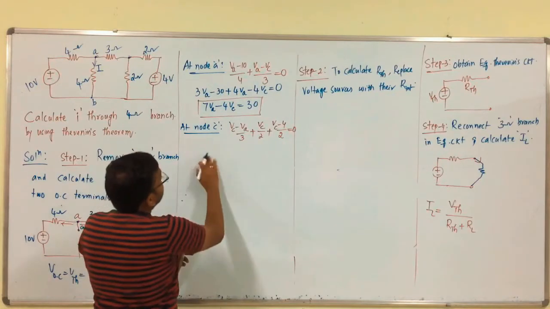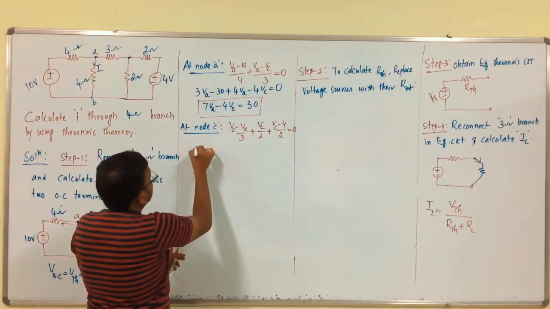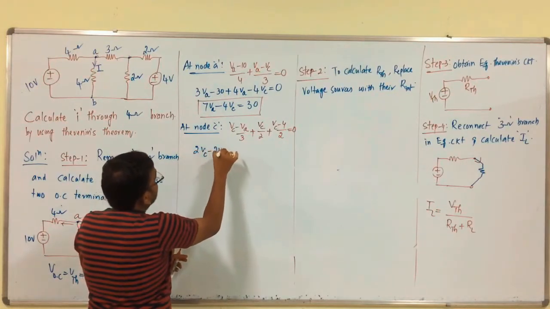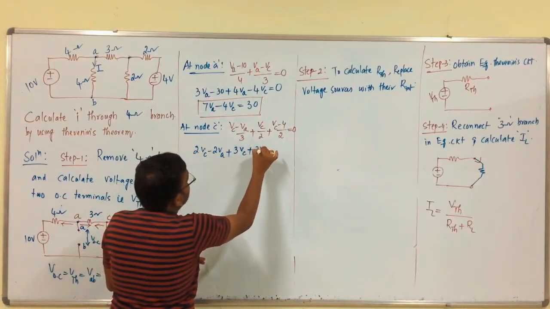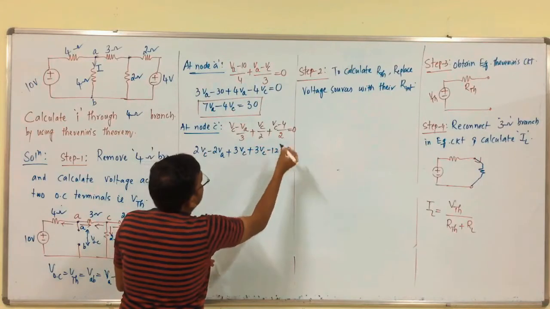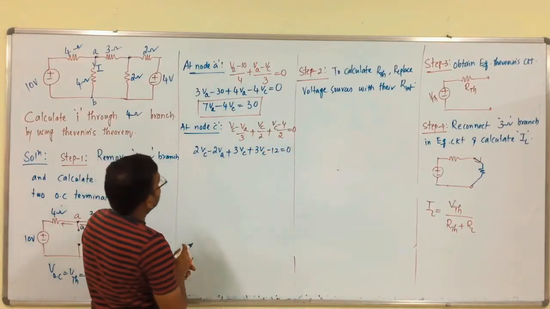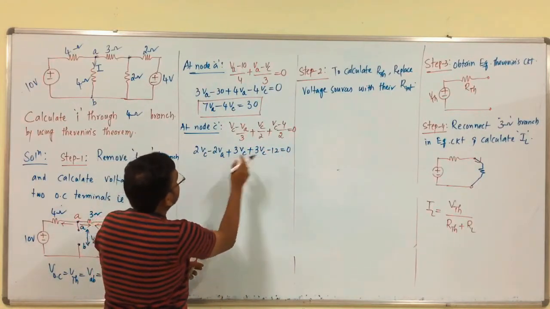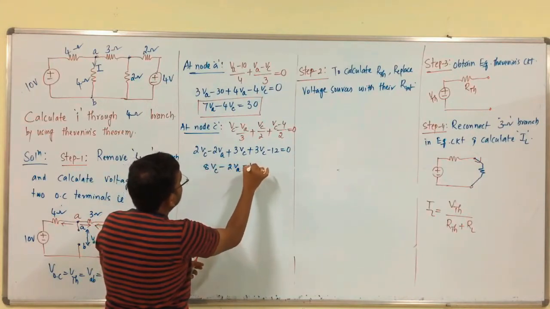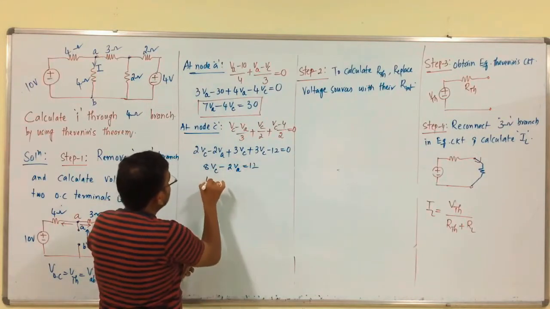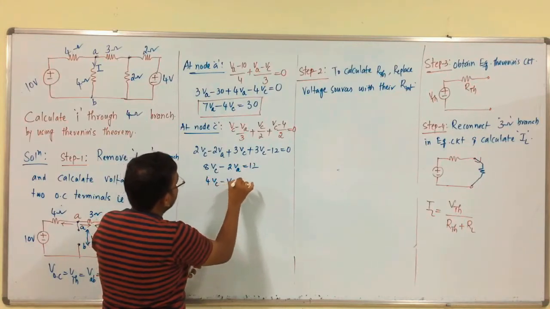From this, 2 VC minus 2 VA plus 3 VC plus 3 VC minus 12 equals 0. So 2 plus 3 is 5, plus 3 is 8, 8 VC minus 2 VA equals 12, that is 4 VC minus VA equals 6.